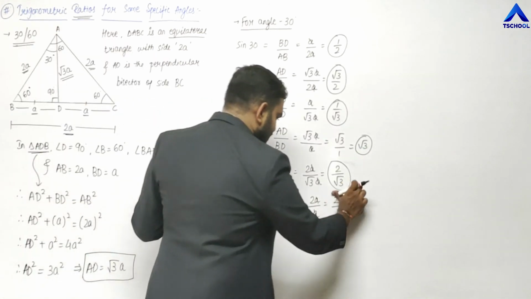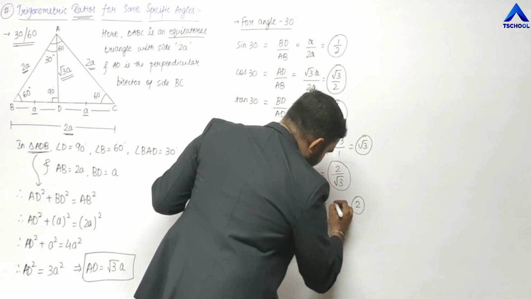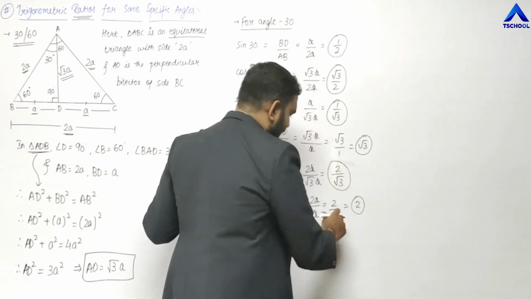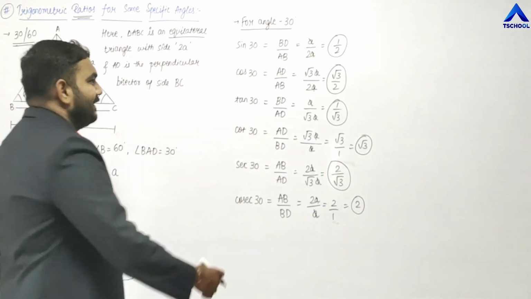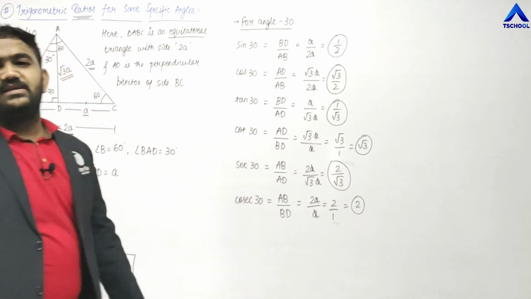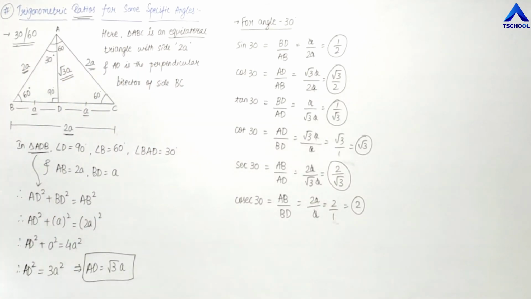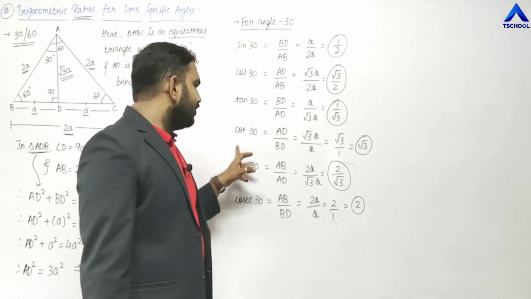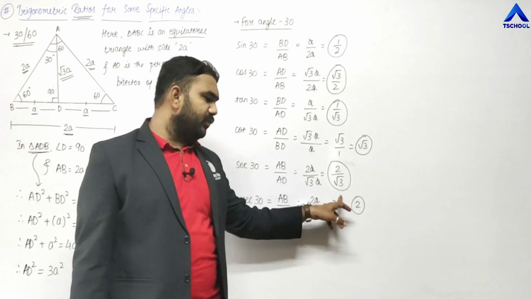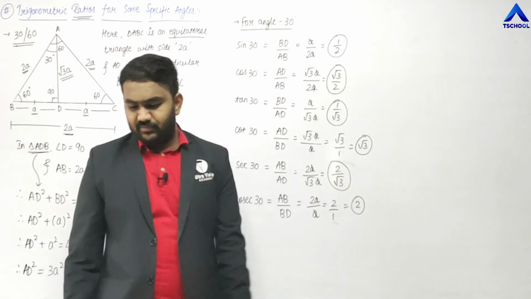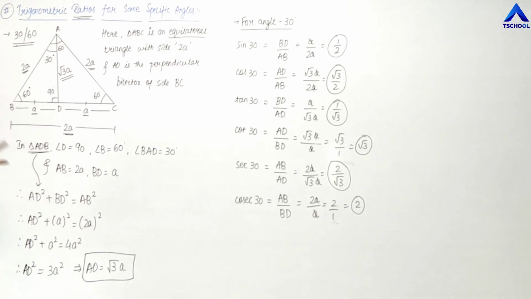These are the ratios for angle 30. Sin 30 is 1 upon 2, cos 30 is root 3 by 2, tan 30 is 1 upon root 3, cot 30 is root 3, sec 30 is 2 upon root 3, and cosec 30 is 2. So friends, these are the ratios you need to remember for angle 30.